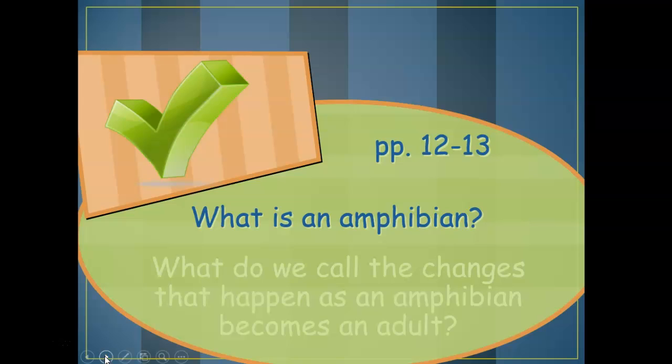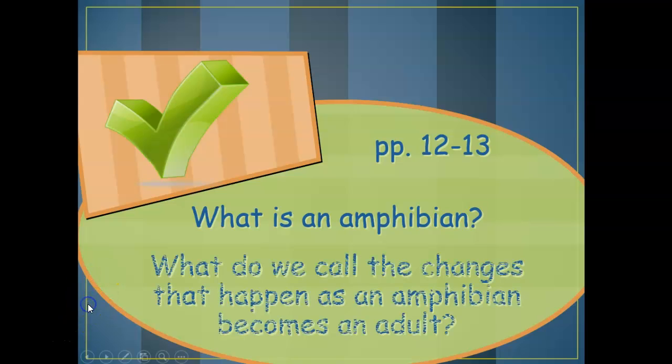So that's what we're talking about when we're talking about an amphibian. So what do we call the changes that happen as an amphibian becomes an adult? We call that a metamorphosis. Excellent.